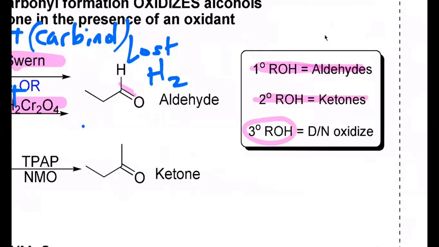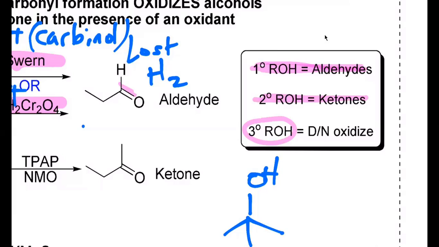Why do you think that's the case? If I have a tertiary alcohol that looks like this, so let's say tert-butanol, why do you think that's not going to oxidize? What did we just say you had to do on the carbinol carbon in order to oxidize that alcohol up? You have to lose 2 hydrogens, and if it's a tertiary carbon, it doesn't have the extra hydrogen. That's exactly right.